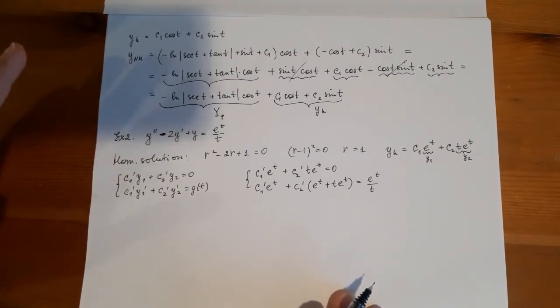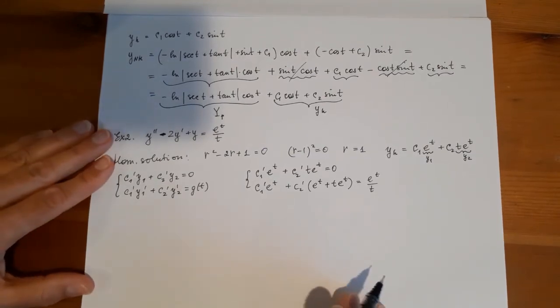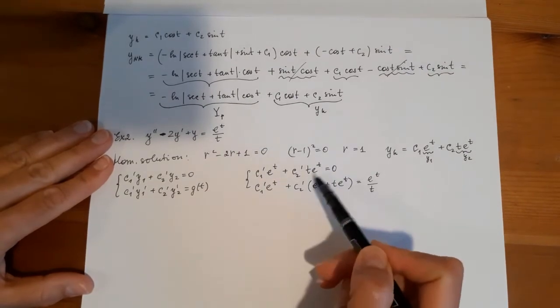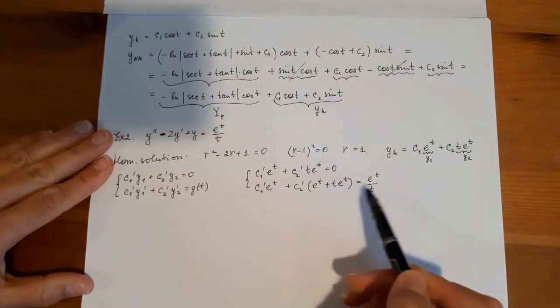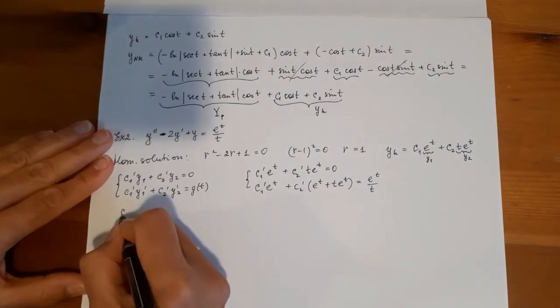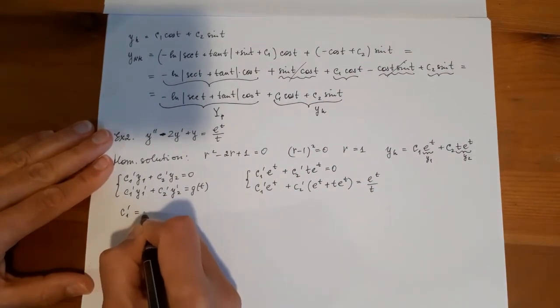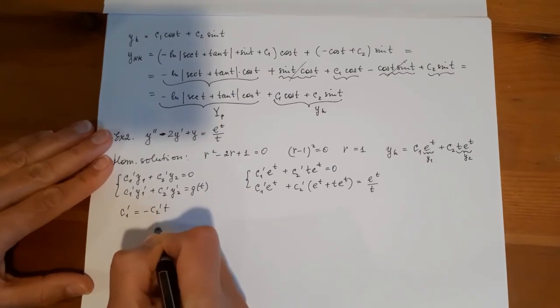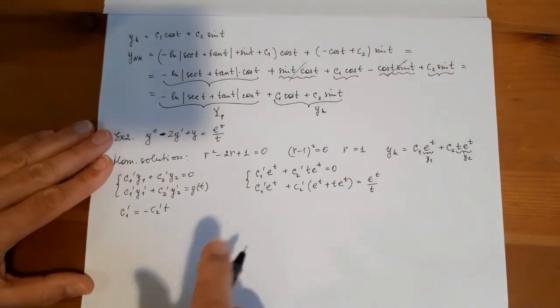Well, I think I'm just going to apply the same tactics. Maybe I'm going to cancel all e to the power of t everywhere, just because it's never equal to 0. And for the first equation, I have c1 prime equals negative c2 prime t, right? I'm just moving it to the right side.